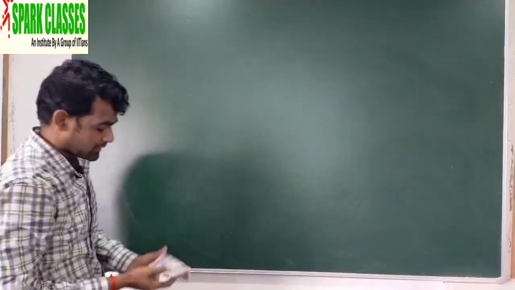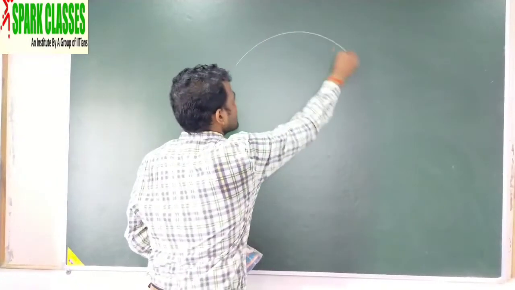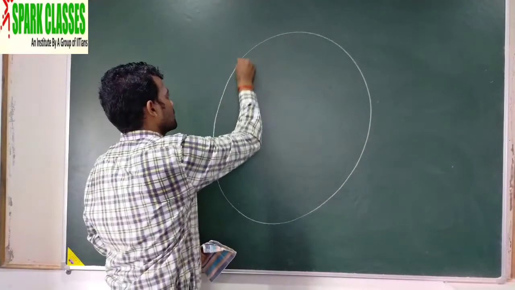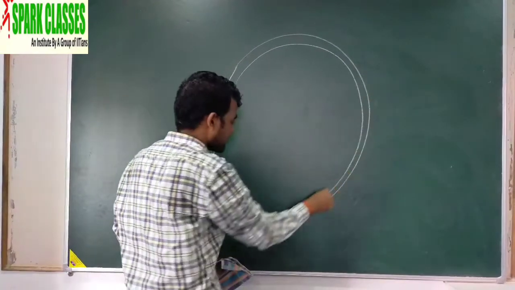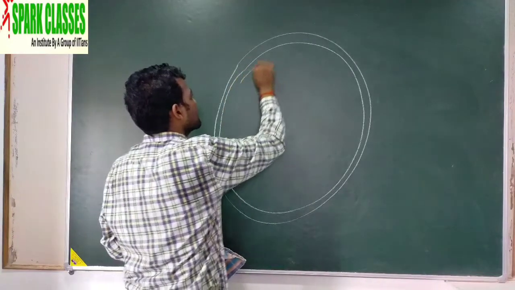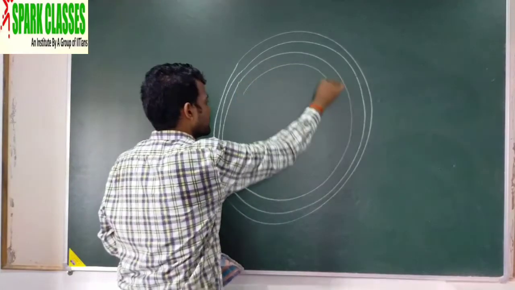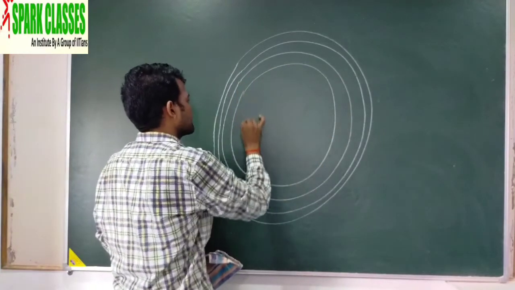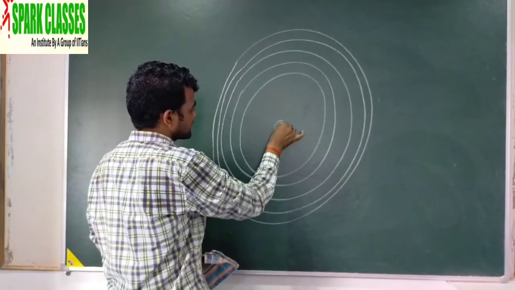When secondary growth takes place, different layers are involved. Already I had told you: outer covering, epidermis, just below the epidermis there is hypodermis, then cortex, endodermis, pericycle, and the central part is pith.